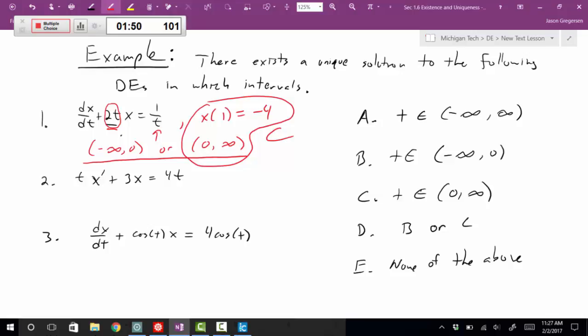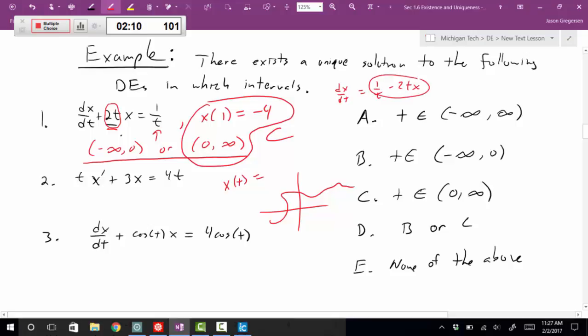Okay? And why not? Well, what is our solution? Think of our solution. It's this function like that, right? And I could certainly plot that function, whatever it's going to be. But the problem is my differential equation, if I just subtract over that 2tx piece, it's saying the slope is equal to this guy.